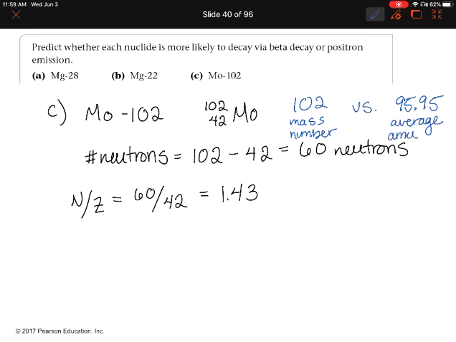So the mass number is also quite high compared to the average atomic mass. Again, that tells me there are too many neutrons. What that also tells me is we want to convert one of those neutrons into a proton. And what process does that? Beta decay.